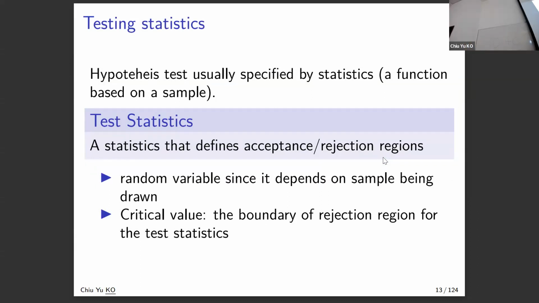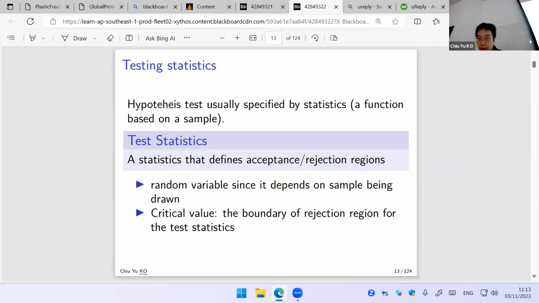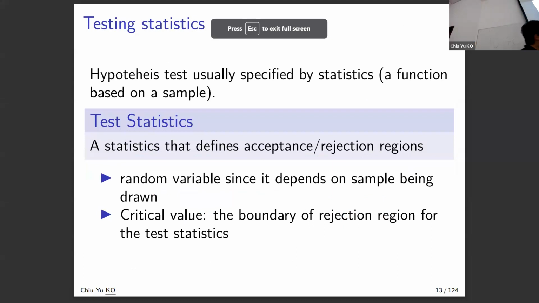So one of the keys here is called the test statistic. In hypothesis testing, we will calculate the interval.